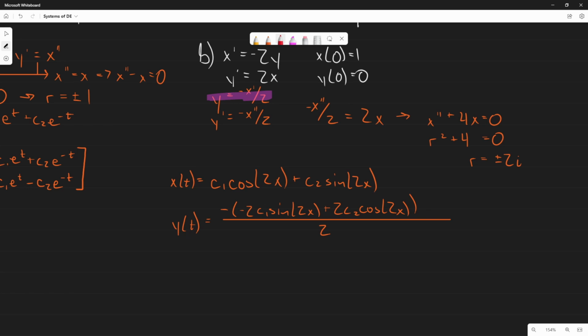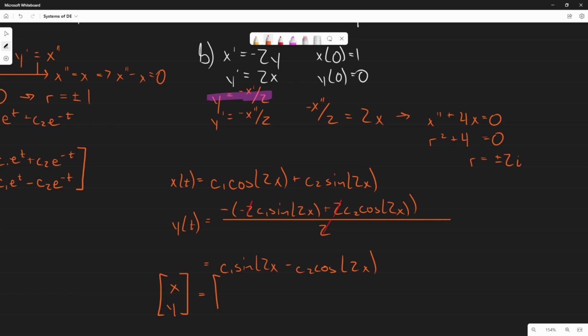Now what we can do is cancel out the 2's and distribute the negative, giving us c1 sine of 2t minus c2 cosine of 2t.